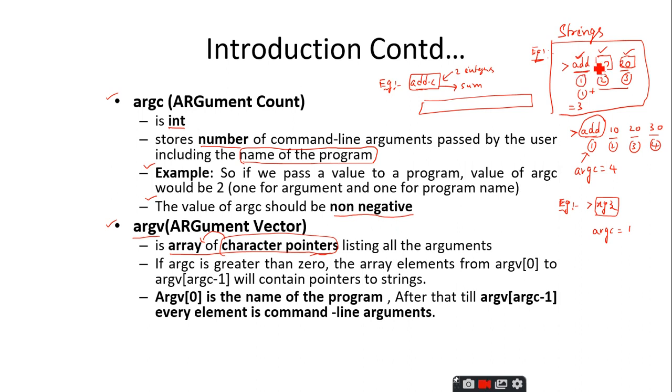We know that the name of the program is always a string, but if you consider this 10 and 20, you are going to consider them as integer values. But since you have given this 10 and 20 as arguments to the command line, they are also treated as strings, not as integer values.